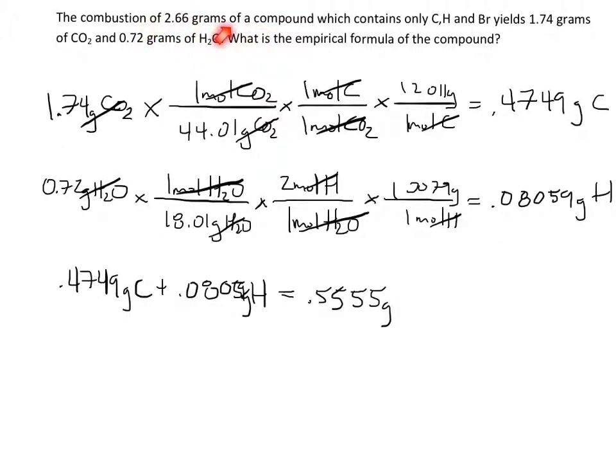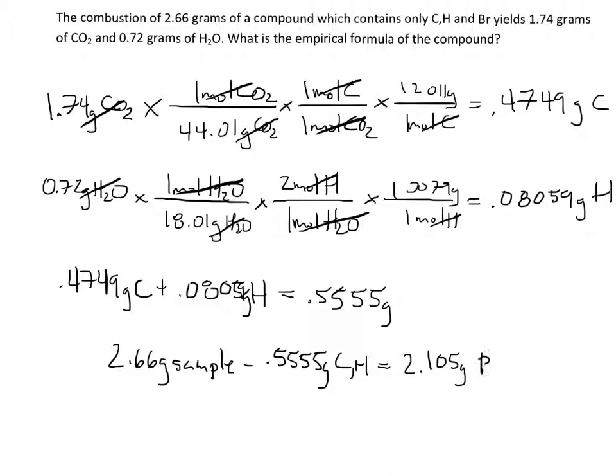So where did that extra mass come from that brings it from 0.5555 to 2.66? It has to come from that bromine right there. If we subtract 0.5555 grams of carbon and hydrogen from the 2.66 grams of sample, that means we had 2.105 grams of bromine in the sample.